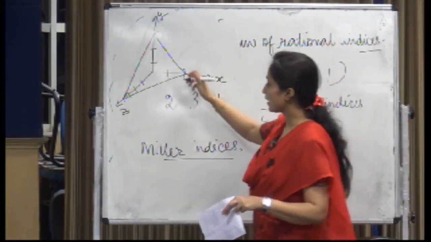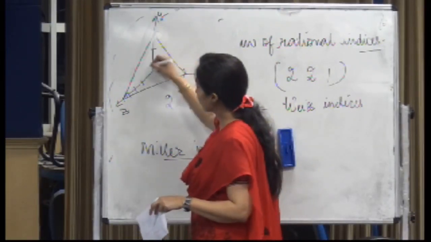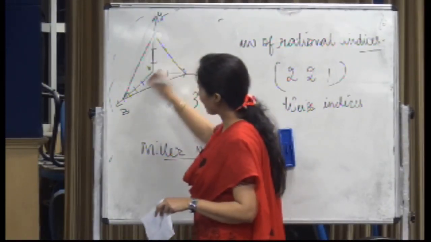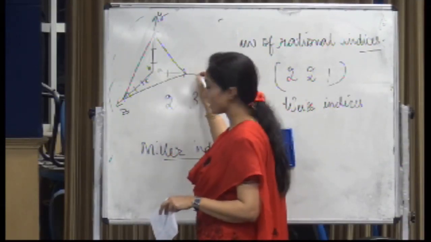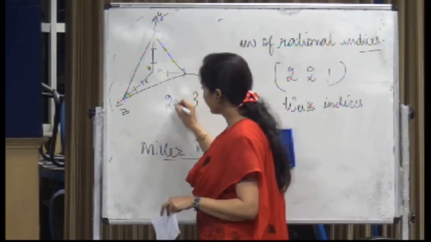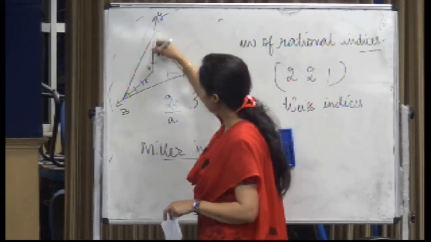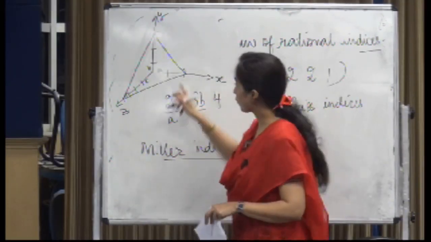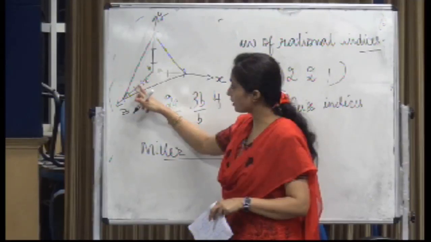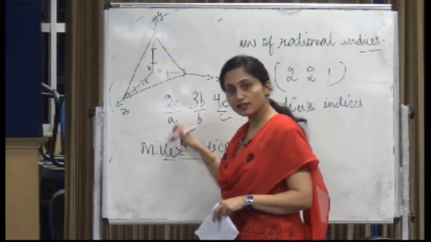That means if I consider one unit along x to be A, one unit along y to be B and one unit along z to be C, then the coordinates for x will be 2a by A, for y 3b by B, and for this 4c by C. So this ratio is an integer.